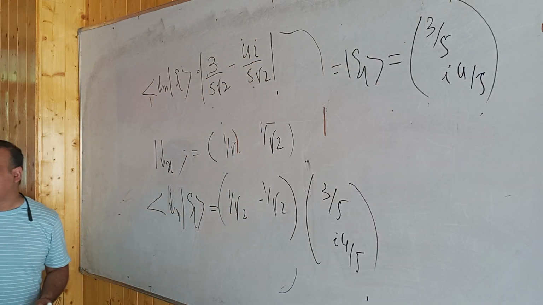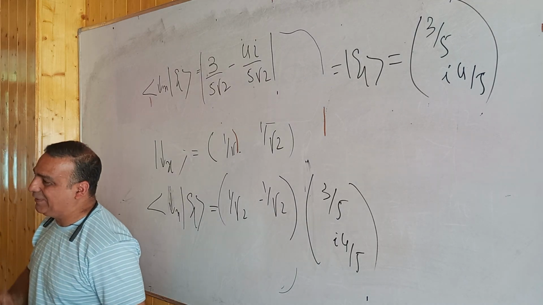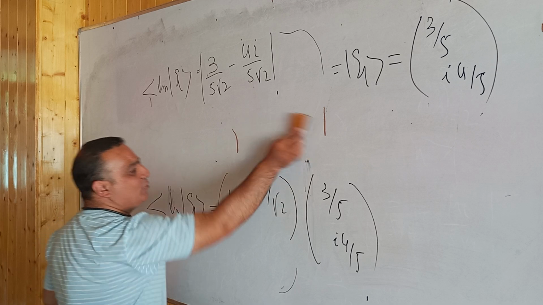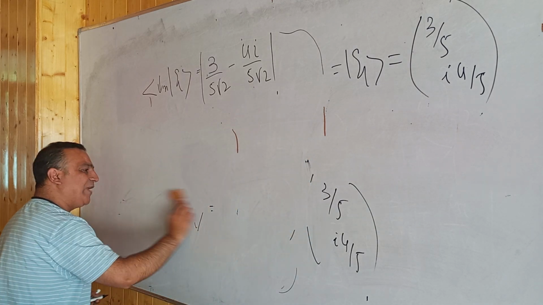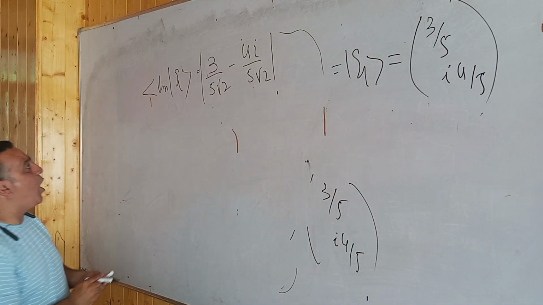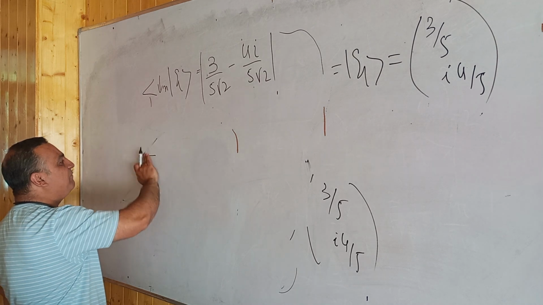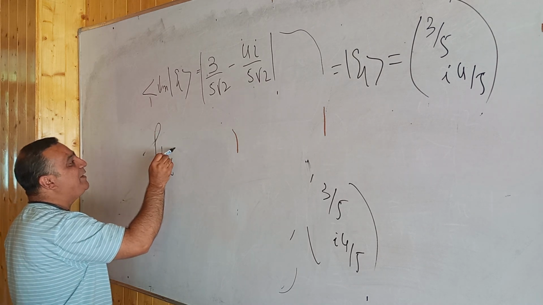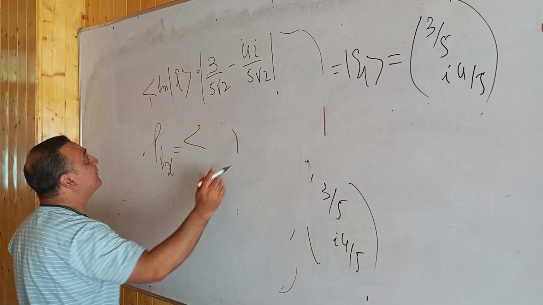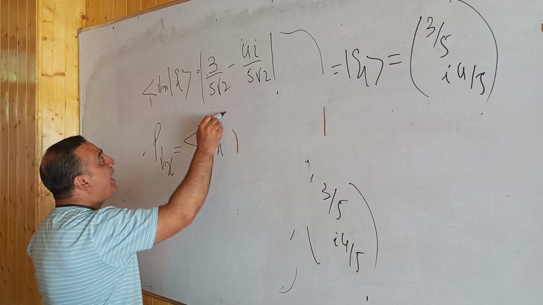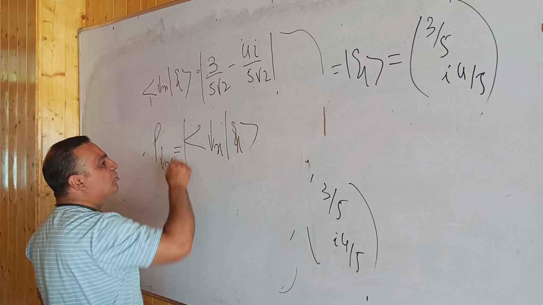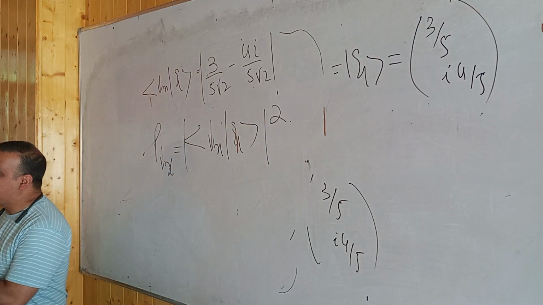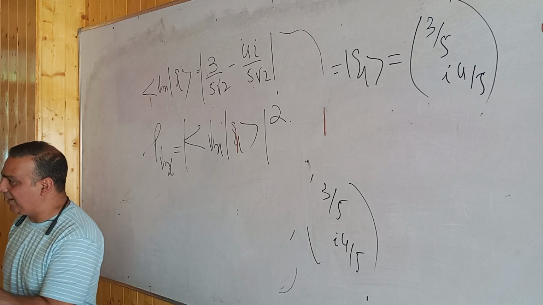And if you want to calculate the probability of getting spin down along x, you know what you have to do. You have to take the square of it and then take the mod. If I define this probability along x in the downward direction as p, I can write it as spin down along x and zeta, this whole square, which will give me the probability for this spin to be in the other direction.